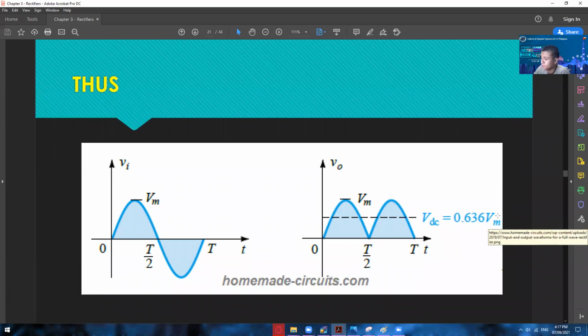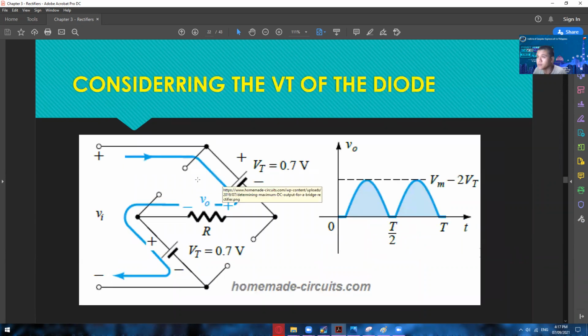Okay, so if you have a voltage threshold on this one, then you have to deduct those two voltage thresholds. So let's say you have two negative 0.7, then you'll have negative 1.4 in here. Considering the VT of the diode, if you are going to have a voltage threshold, as a result, just deduct that from our peak voltage.